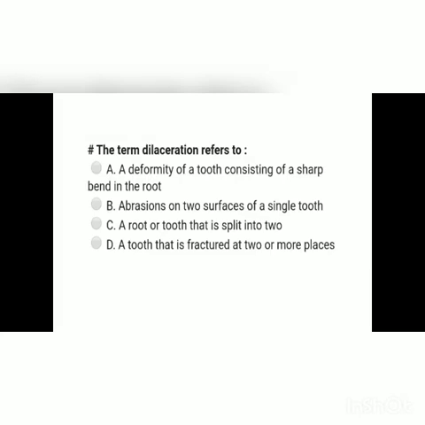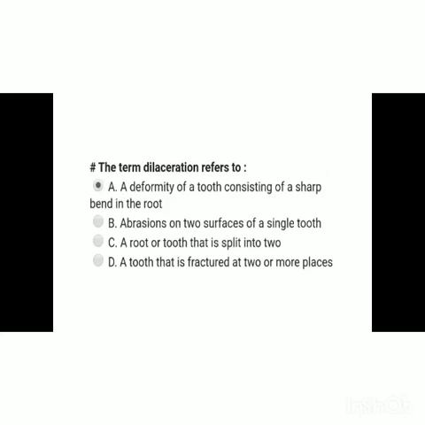The term dilaceration refers to: a deformity of the tooth consisting of a sharp bend in the root, abrasions on one surface or two surfaces of a single tooth, a root or tooth that is split into two, a tooth that is fractured at two or more places. This is a very simple question. The correct answer is option A, that is a deformity of the tooth consisting of a sharp bend in the root.